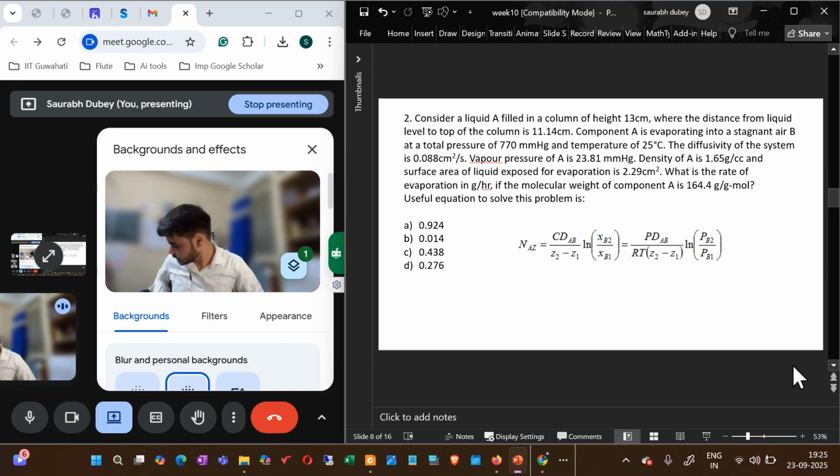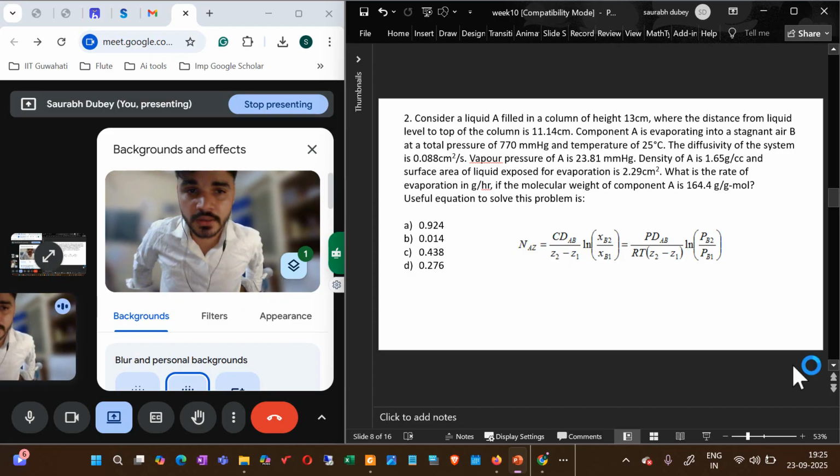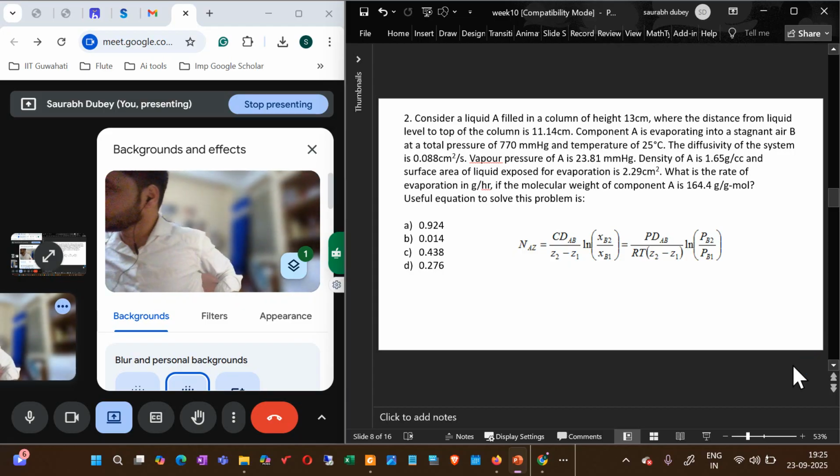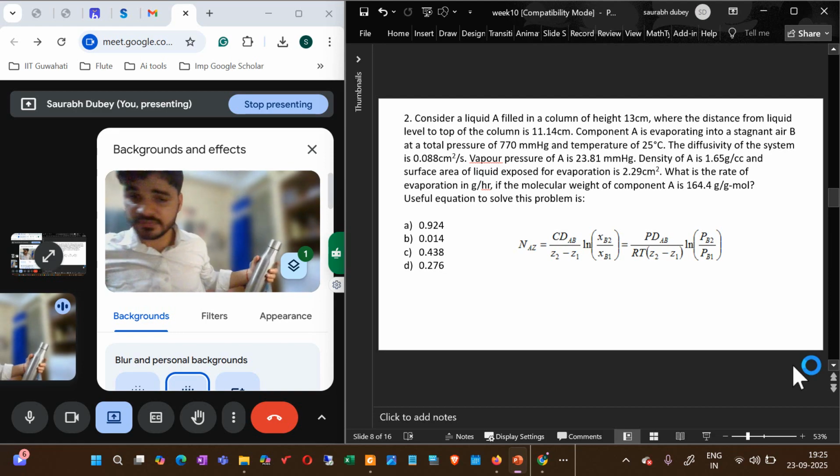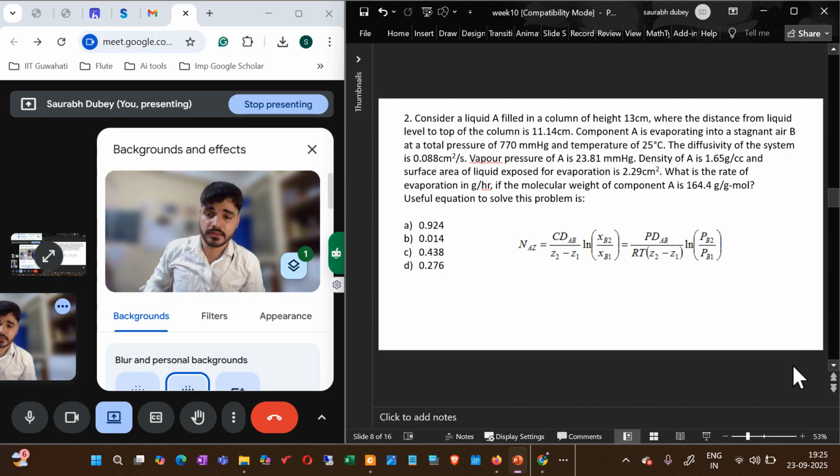So what I'm saying is this mm of Hg unit we have to change, and everything we will be solving in the same unit, or if we keep the same unit, we have to consider the units of the other variables in that manner also.